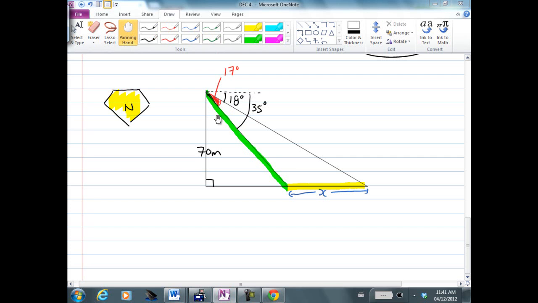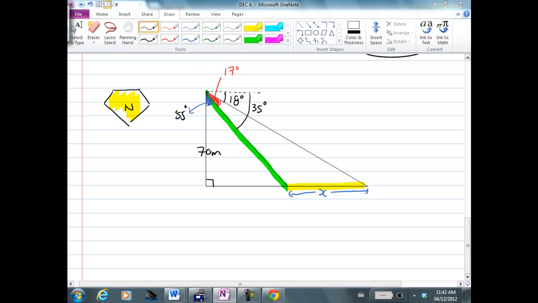Now, if this is 35, let's find another angle. Let's find this blue angle in here. Evan, what do you have for this blue angle? 55? How do you get 55? 90 minus 35 is correct, because from here to here is 35, so we know this is 55.